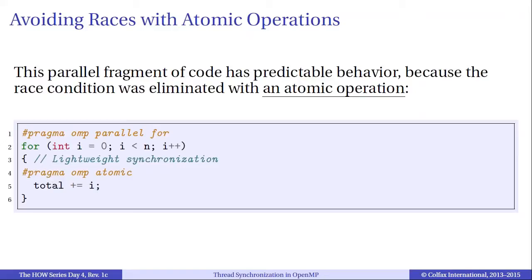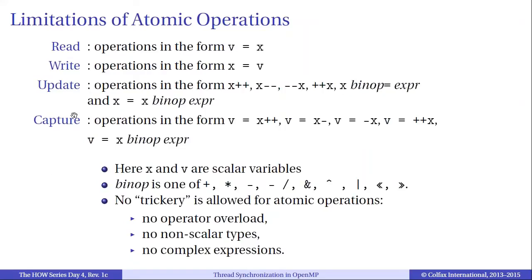They work by relying on hardware functionality for atomic updates. The operations to which you can apply atomic mutexes are reads, writes, updates, and capture. And this you can only do on a single scalar variable. Operations that you can do for updates include summation, like we did in our example, or other types of arithmetic.